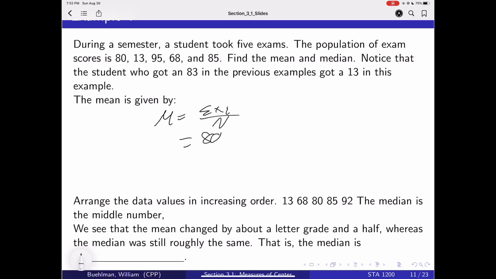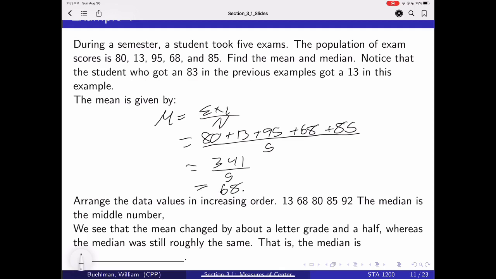So we have 80 plus 13 plus 95 plus 68 plus 85 over the 5 observations, which gives us 341 over 5, which is equal to 68.2. So we've now calculated what the mean would be.